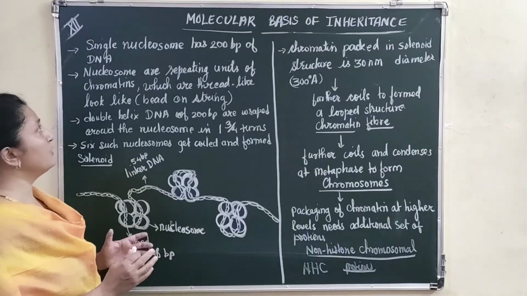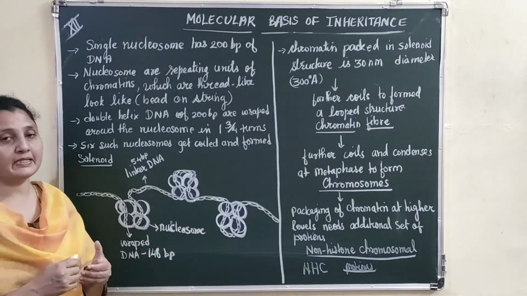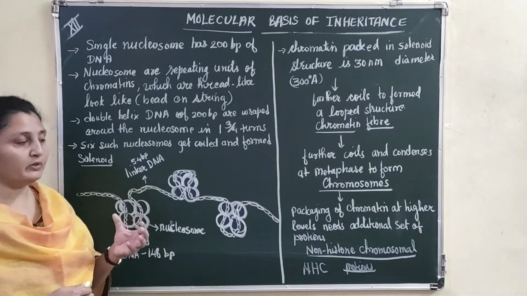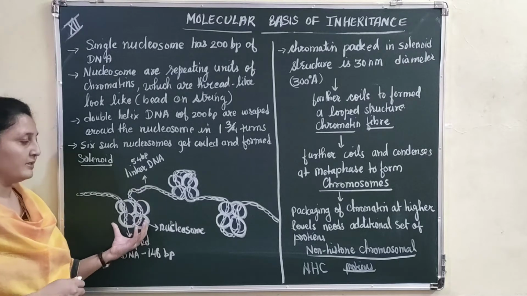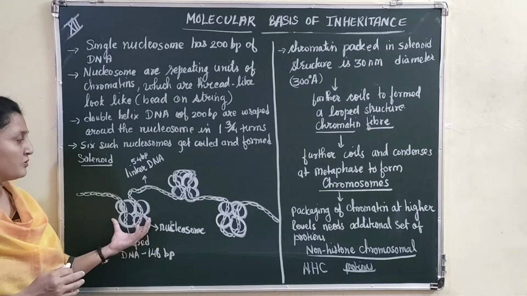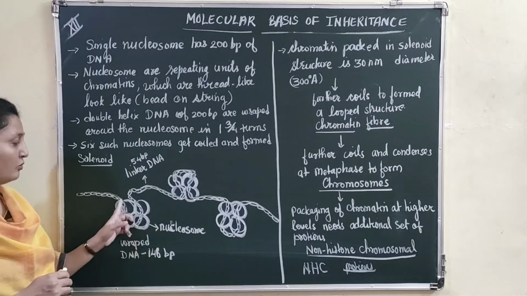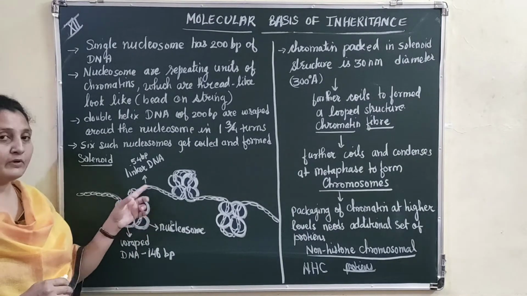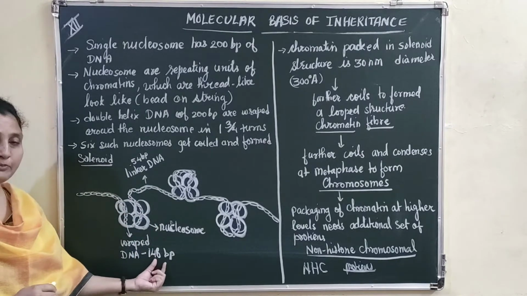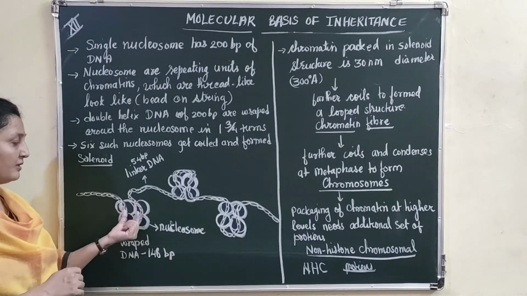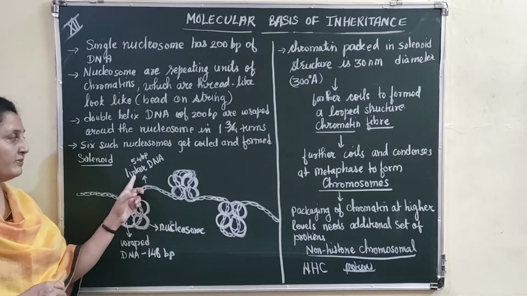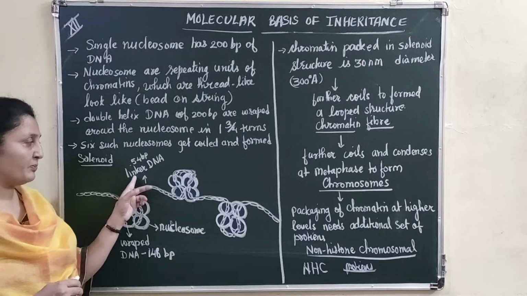Now the nucleosome has some 200 base pairs of DNA, out of which 46 base pairs are covering the histone proteins, and this is a linker DNA which is made up of some 54 base pairs.